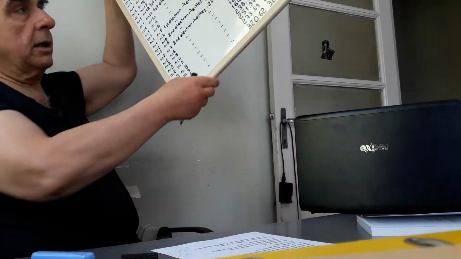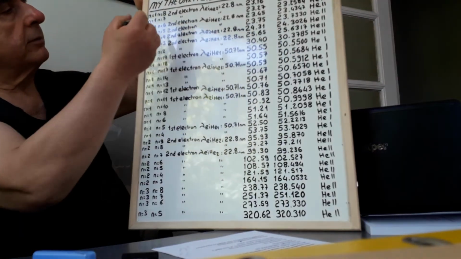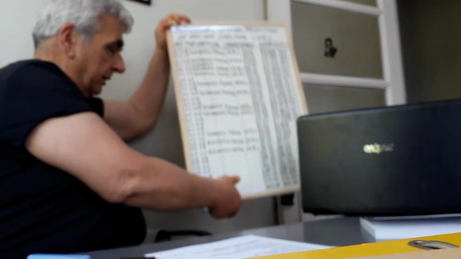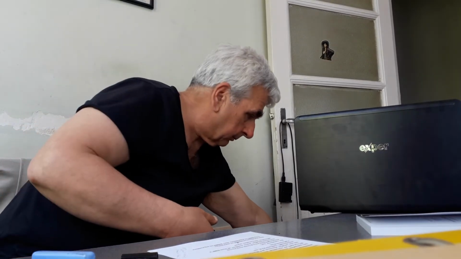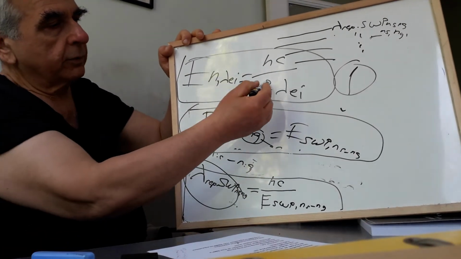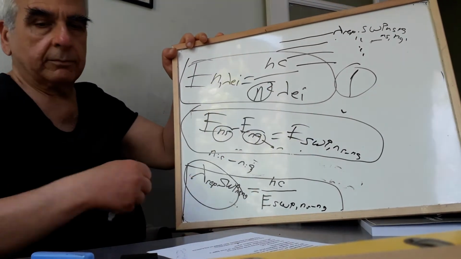How did I count for this n? Wait a moment, please. Don't forget n square. Okay.